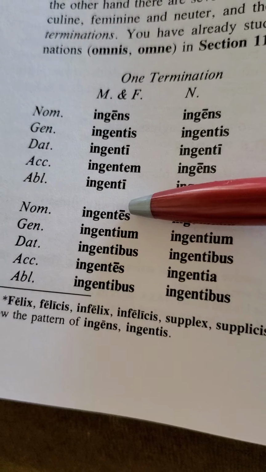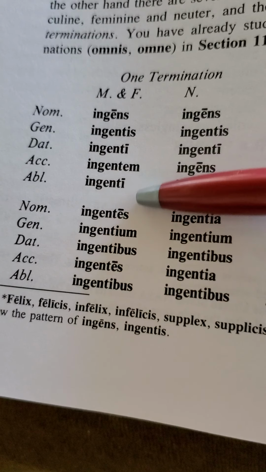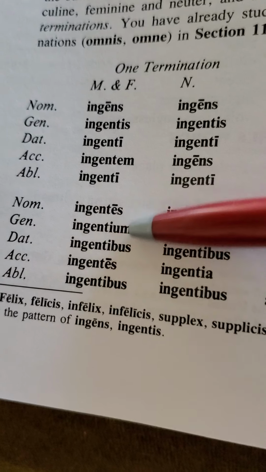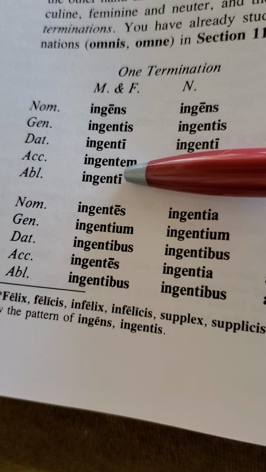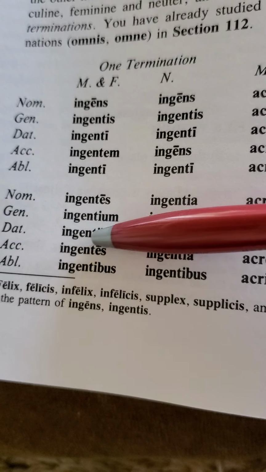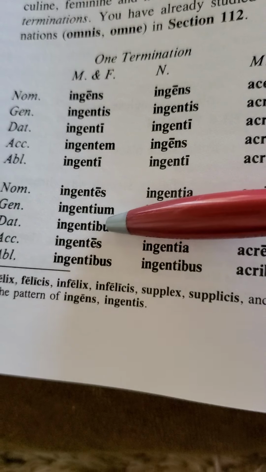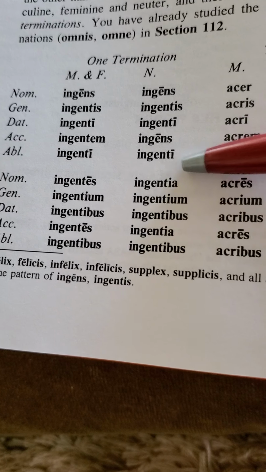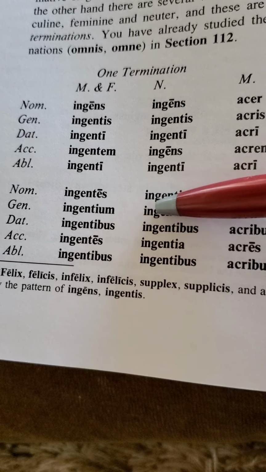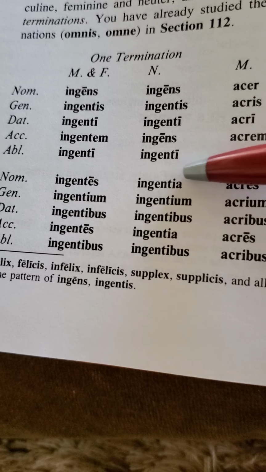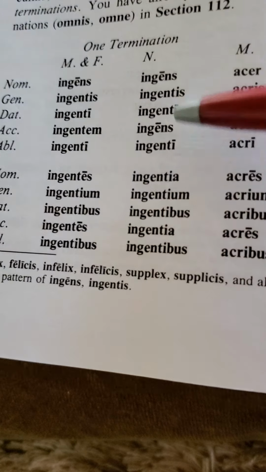And remember, in third declension adjectives, the dative and the ablative both end in an I. There's no E. The rest of this looks really familiar. Third declension adjectives are always I stem, so they'll have the IUM in the genitive. And the neuter nominative plural will end in an A as normal, but it'll be ingentia.